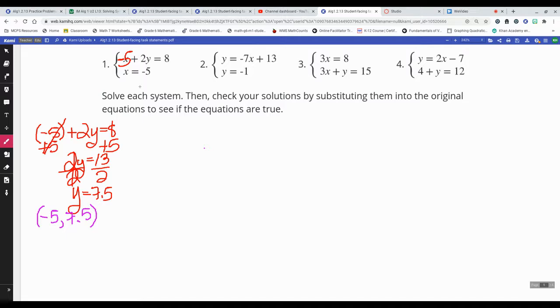Now, x equals -5. Well, no need to check that because it literally tells you x is -5. So we lucked out there. But let's replace x and y in the top one. So x is supposed to be -5 plus 2 times y, which is supposed to be 7.5. And those together are supposed to give you 8.